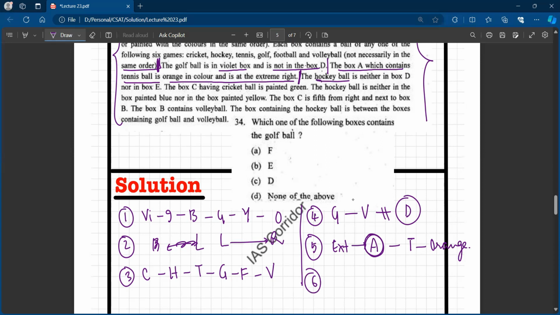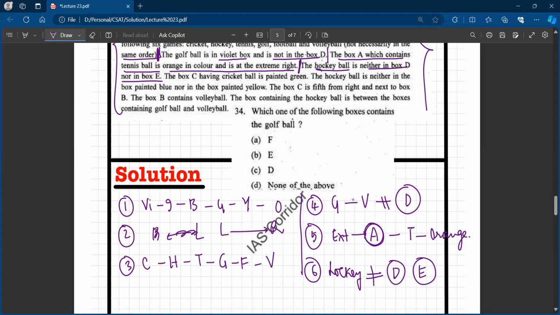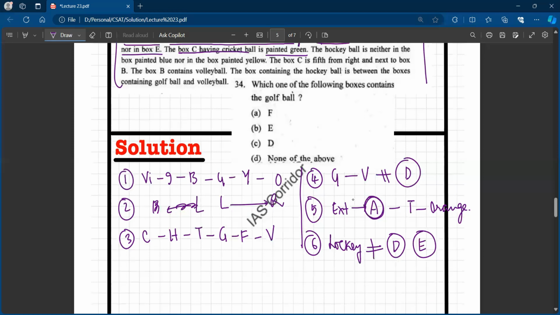The hockey ball is neither in box D nor in box E. So the hockey ball is not in box D or box E. The box C having the cricket ball is painted green.